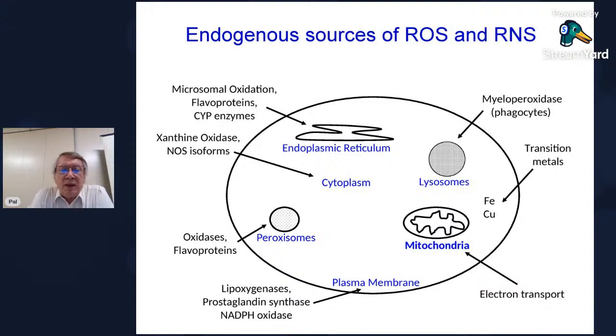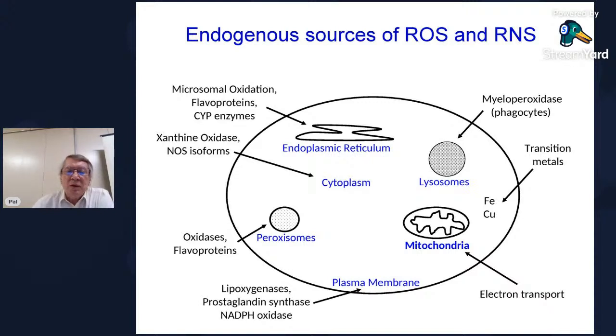As shown in this slide, the endogenous sources of reactive oxygen species and reactive nitrogen species are fairly wide.